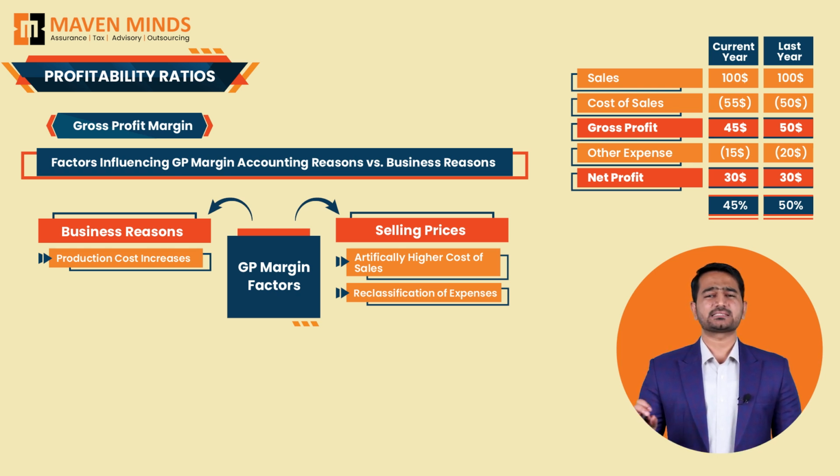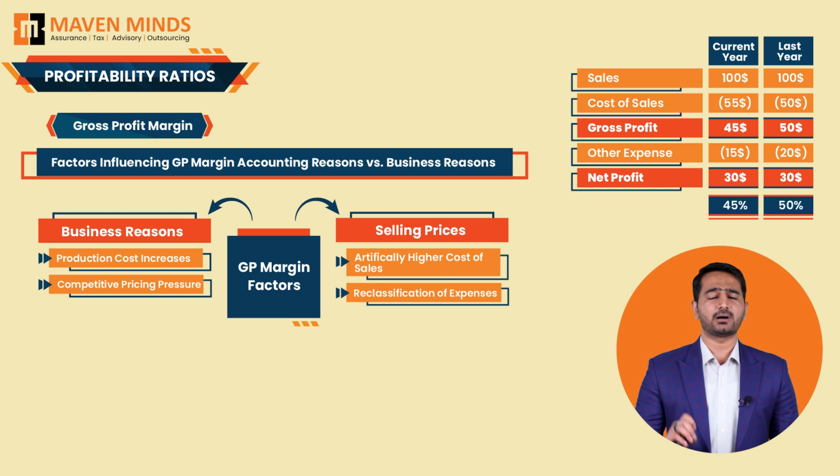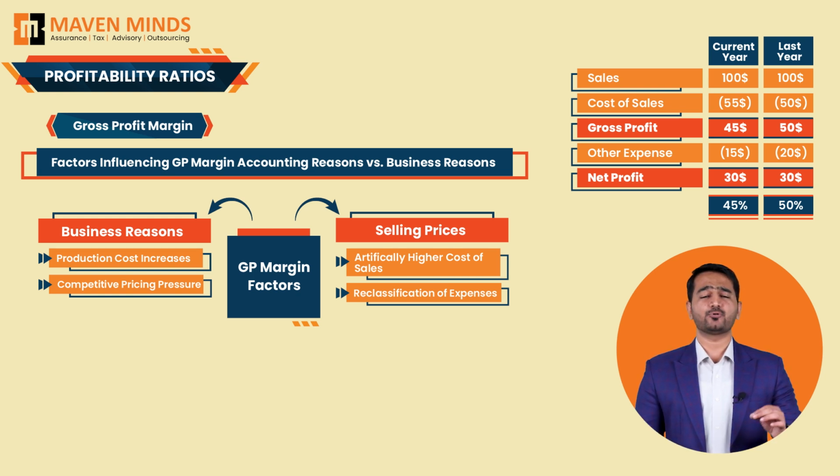Also, the presence of intense competition can restrict your ability to raise prices. If a new competitor enters the market with an aggressive pricing strategy, this can force the existing players to lower their prices to maintain their market share, thus reducing the GP margin.